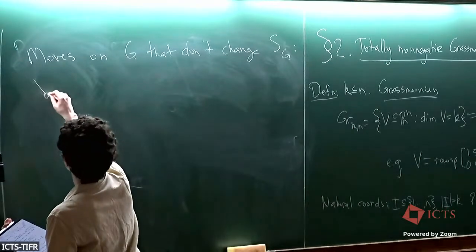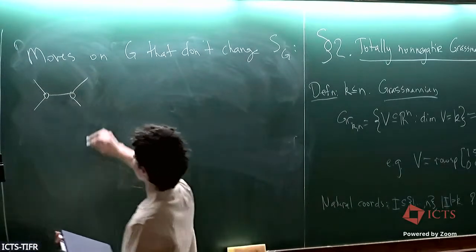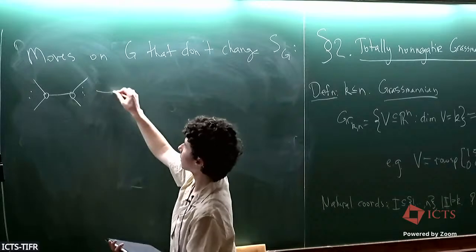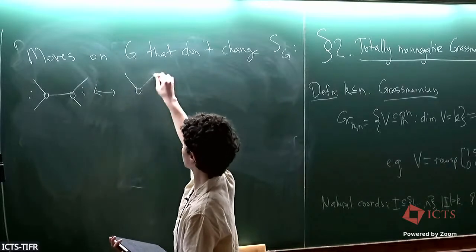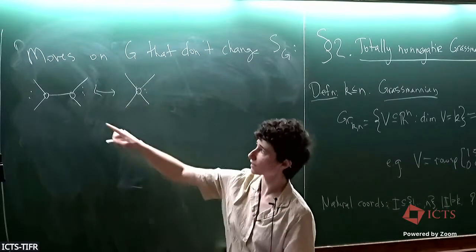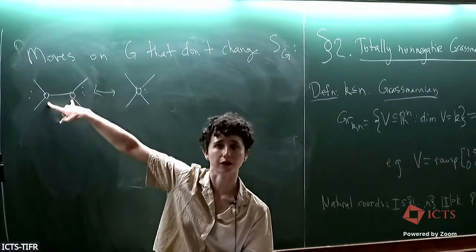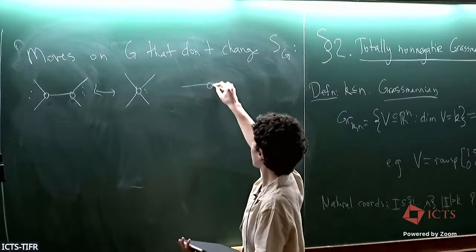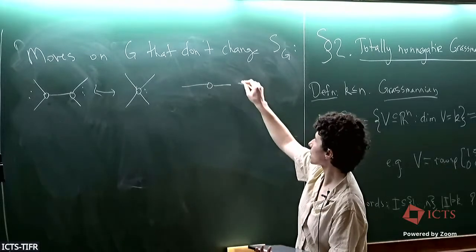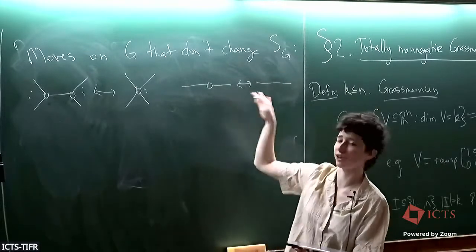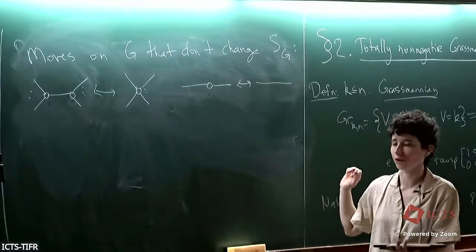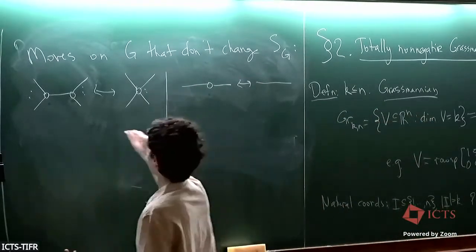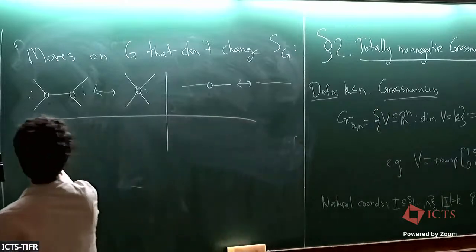I can collapse edges as long as the 2 vertices are the same color, so I can do an edge contraction. I can also take any degree 2 vertex and turn it into an edge, so degree 2 vertices don't matter at all. And then the last one is the square move.